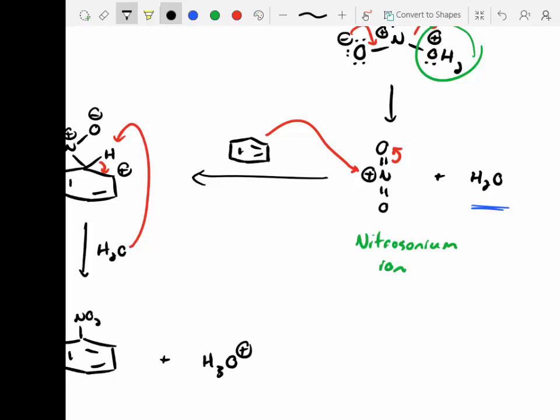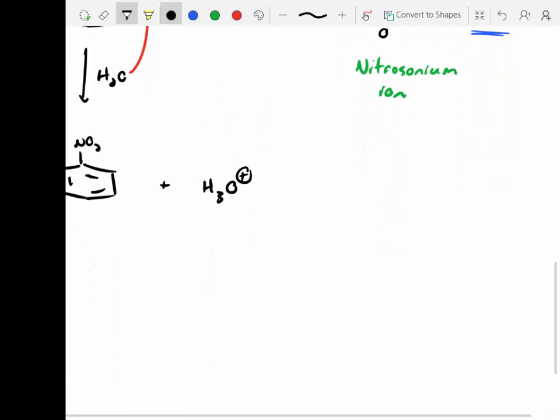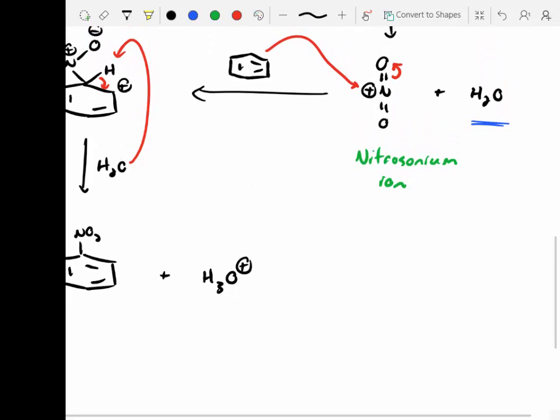So nitro groups are used extensively in organic synthesis. And there's also one cool derivatization that you can use with the nitro group. You can convert a nitro group into an amine really, really easily. So that's going to be the reaction we're going to finish up with today.